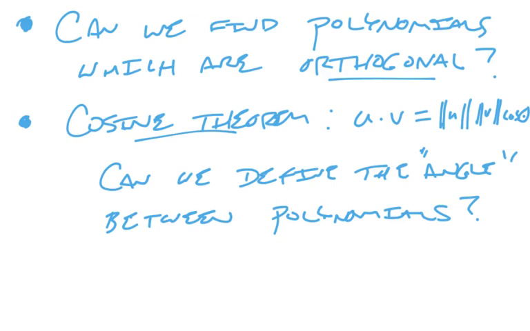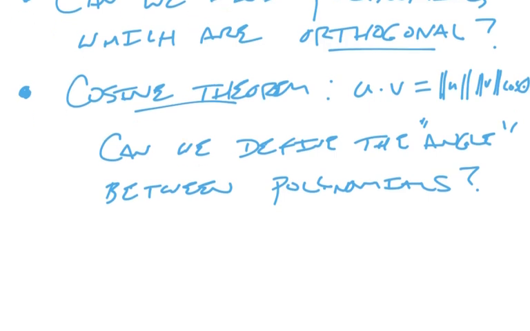So the answer is yes, but we have to be very careful about how we do it. The first thing we want to do is address this part of the cosine theorem. What exactly does the magnitude of a polynomial look like?